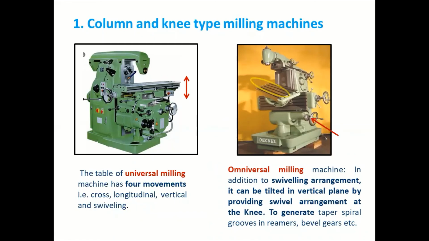You can see this is where I'm showing the arrow. With the help of the handle, we can even tilt it. Such a machine is generally used to produce the grooves in a reamer or to produce bevel gears. So this is again a universal milling machine.